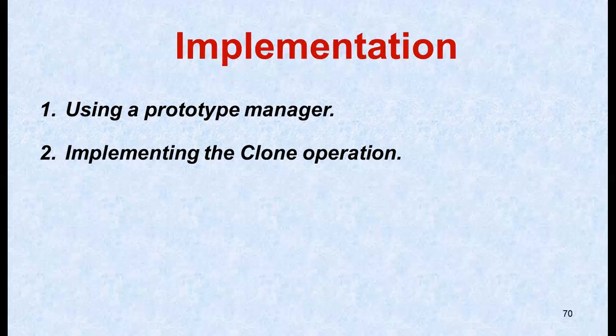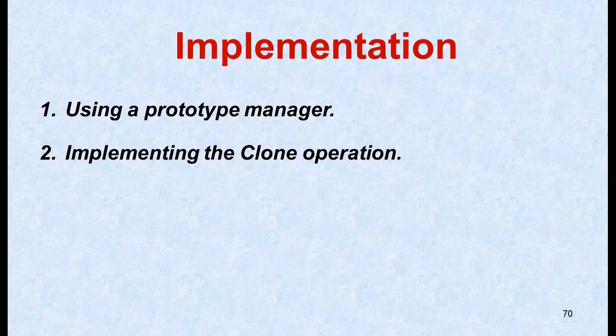But cloning prototypes with complex structures usually requires a deep copy, because the clone and the original must be independent of each other. Therefore, we must ensure that the clone's components are clones of the prototype's components. Here, cloning forces us to decide what, if anything, will be shared.